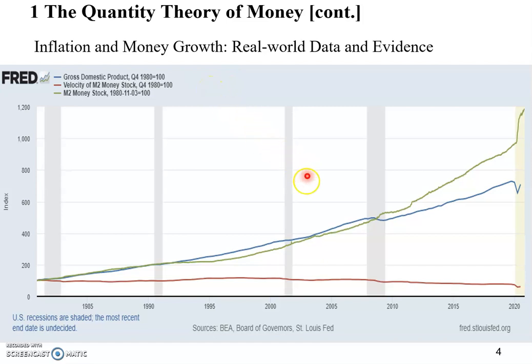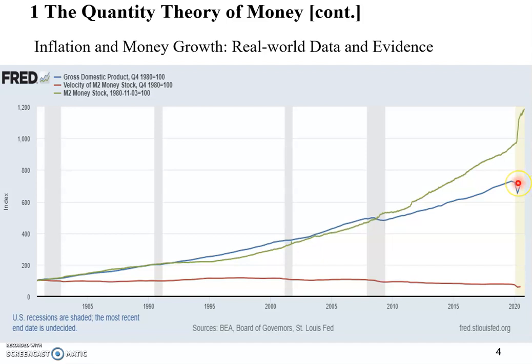And to better show you the evolution over time, we took the beginning year 1980 as 100, as a benchmark. So what you see here on the graph is the change over time compared to 1980. For example, if you look at the blue curve, GDP, right before the pandemic, this number is approximately 700.